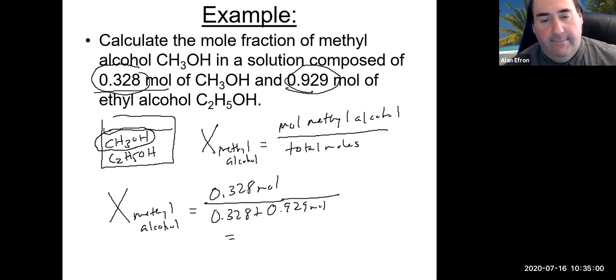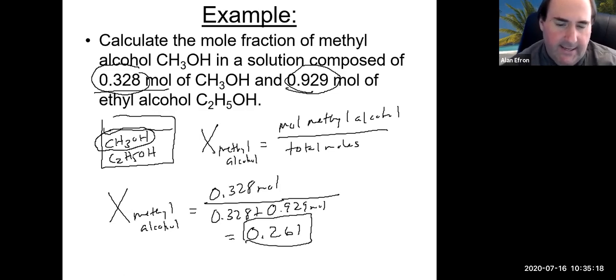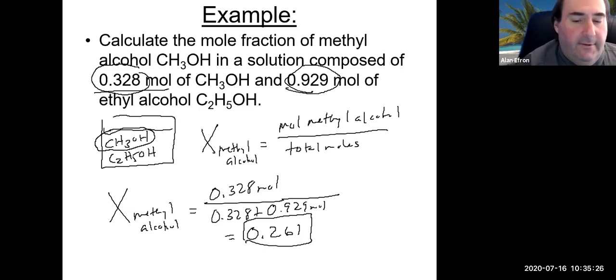And if we do that, 0.328 divided by 0.328 plus 0.929 gives us a mole fraction of 0.261. Again, not multiplying by 100, but essentially it's 26% made up of methyl alcohol, really, in that particular case.